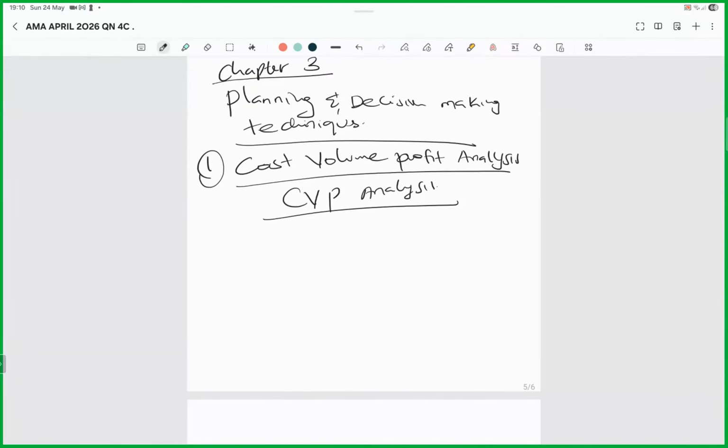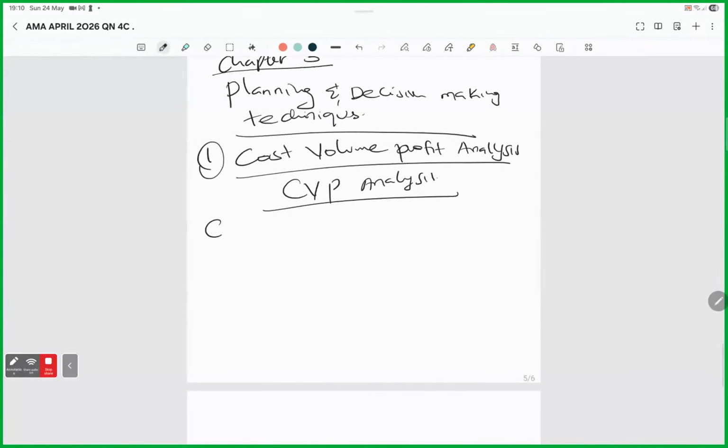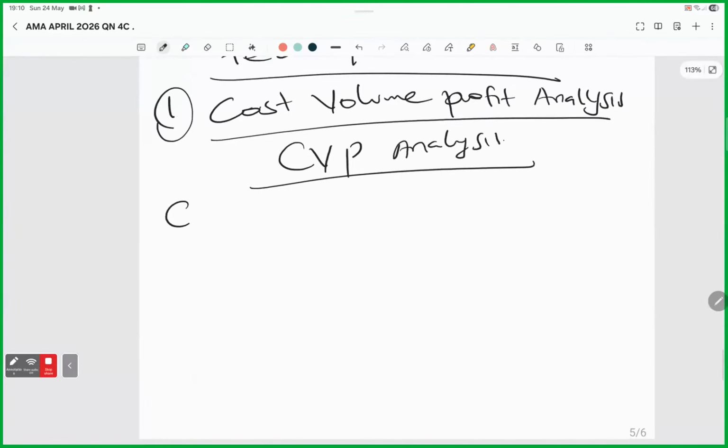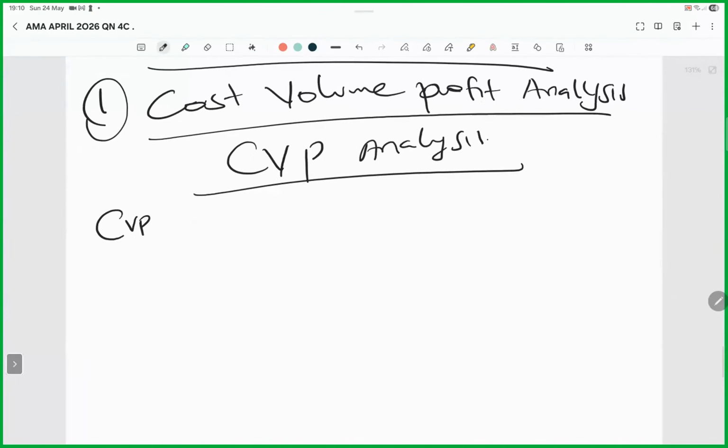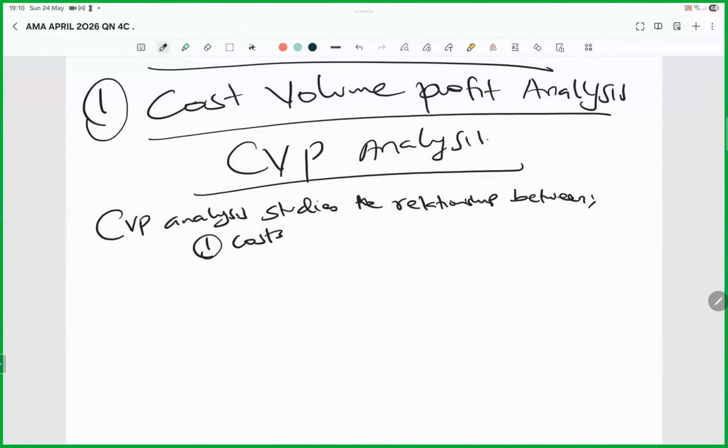What you're supposed to appreciate is that CVP analysis studies the relationship between four factors: number 1, costs; number 2, sales volume; number 3, profit.